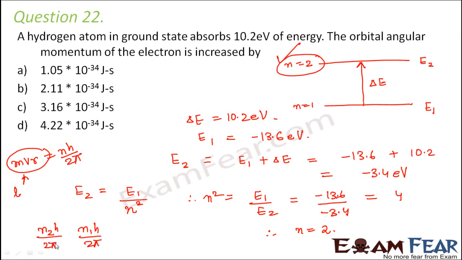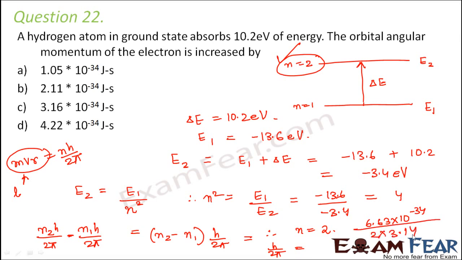So if you talk about the increase in angular momentum, it would be the difference between these two. So this can be written as n2 minus n1 into h by 2 pi. So n2 minus n1 would be 2 minus 1, which is 1. This is equal to h by 2 pi. Value of h, which is Planck's constant, is 6.63 into 10 to the power minus 34 divided by 2 into 3.14, and this value comes out to be 1.05 into 10 to the power minus 34 joules second.